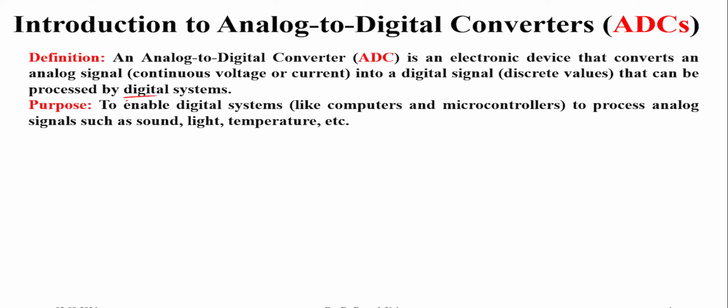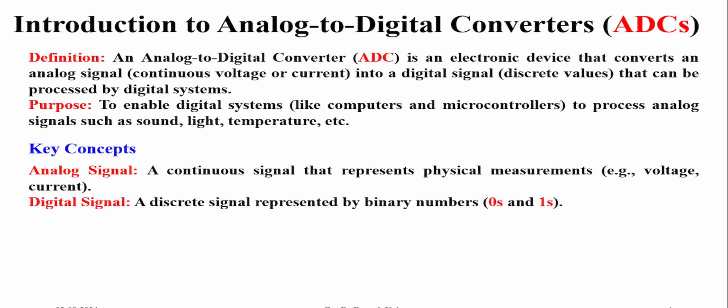Whenever we say digital systems, we are talking about systems which are designed using microprocessors or microcontrollers. And what is the purpose of converting these analog signals to digital signals? The purpose is to enable digital systems like computers and microcontrollers to process analog signals such as sound, light, temperature, maybe heat, or any other signal which is generated by nature.